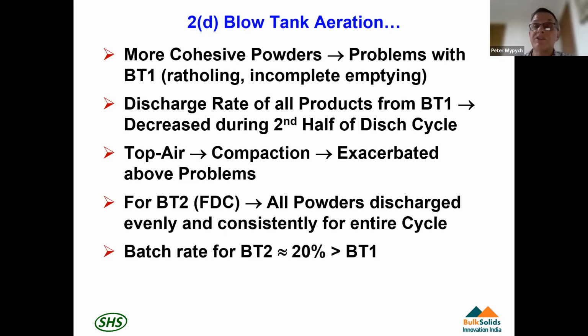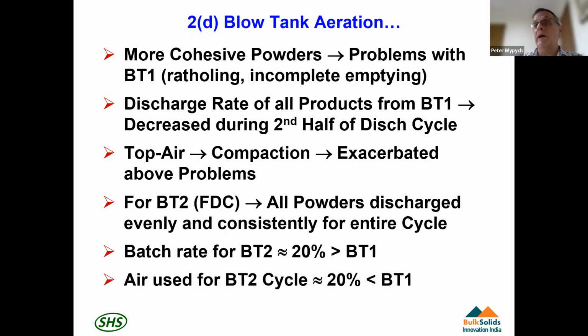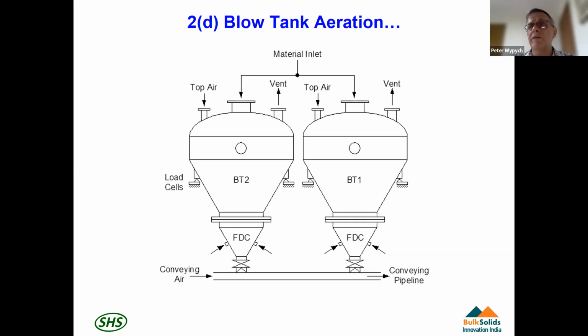As a result, we got much better system capacity with the fluidizing cone system installed: 20% more capacity than blow tank 1. Our air usage also dropped by 20% using the fluidizing cone. So with the same amount of air, we saved air by having more efficient blow tank cycles. And then we got rid of that first blow tank.